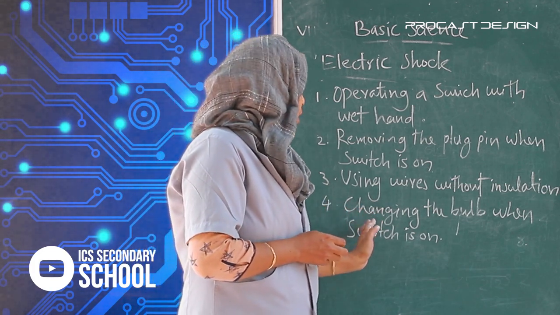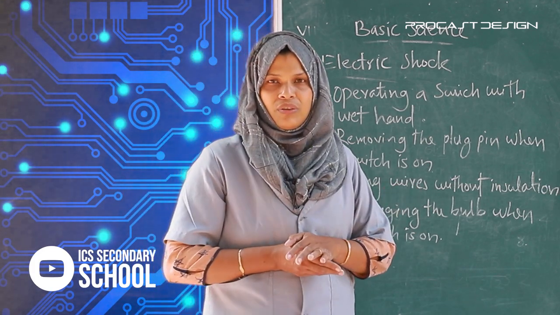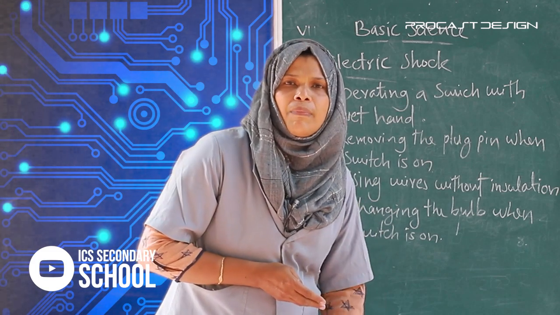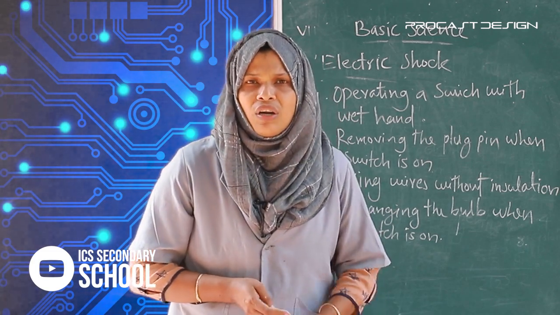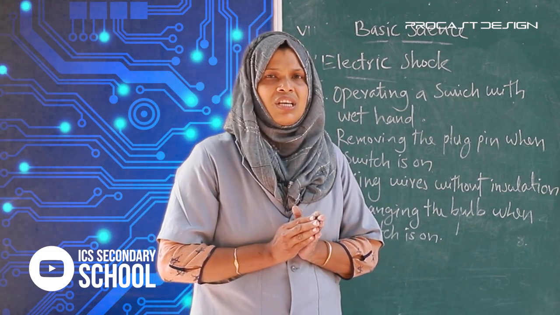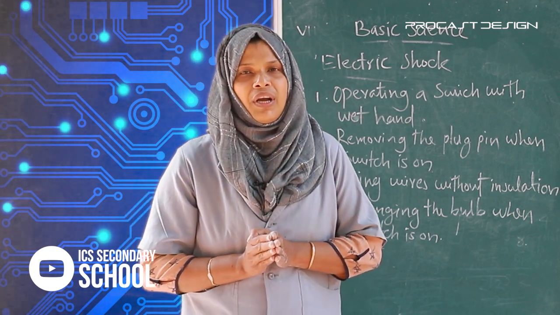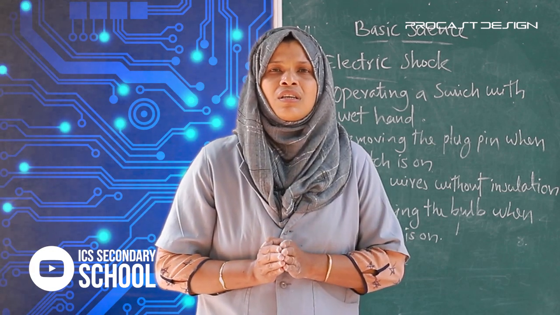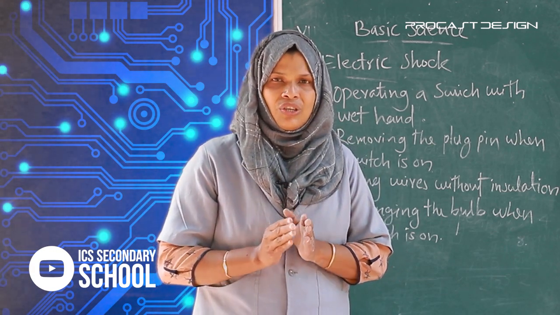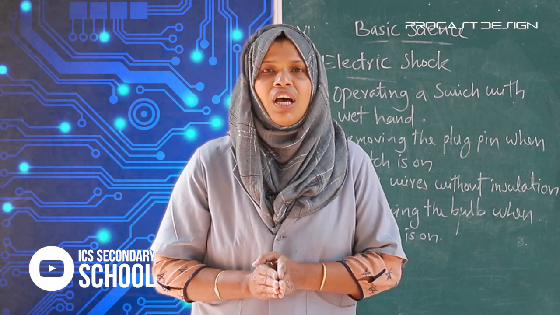Changing the bulb when switch is on. These are some situations where we get an electric shock. You should find out more situations to get an electric shock and write in your notebook.